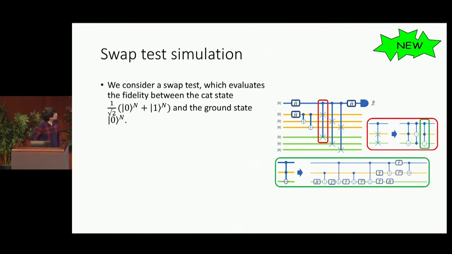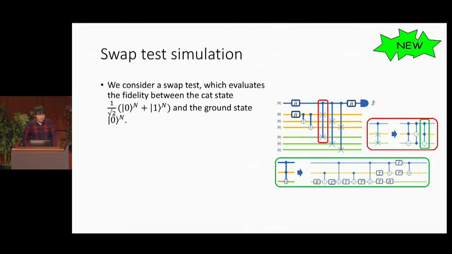The realization of the swap test is shown here, where the first qubit is the ancillary qubit. It is first prepared in the plus state, and then we apply a control swap operation on the whole system, and then we measure in the X basis to get the outcome.